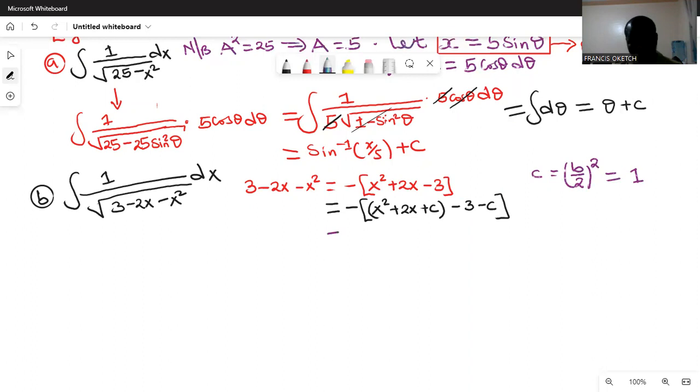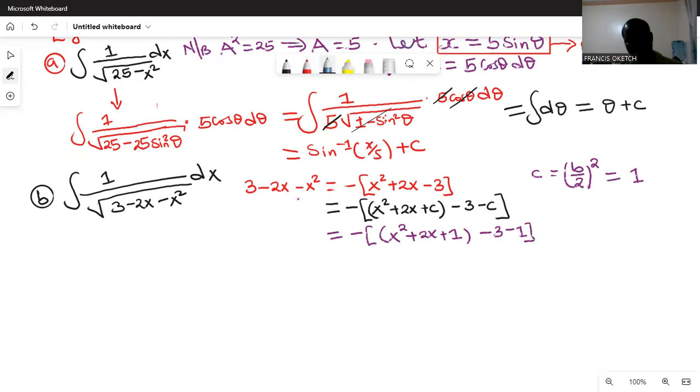So this thing can now be written as negative of x squared plus 2x plus the c, which is 1. This will form one group, minus 3 minus 1.